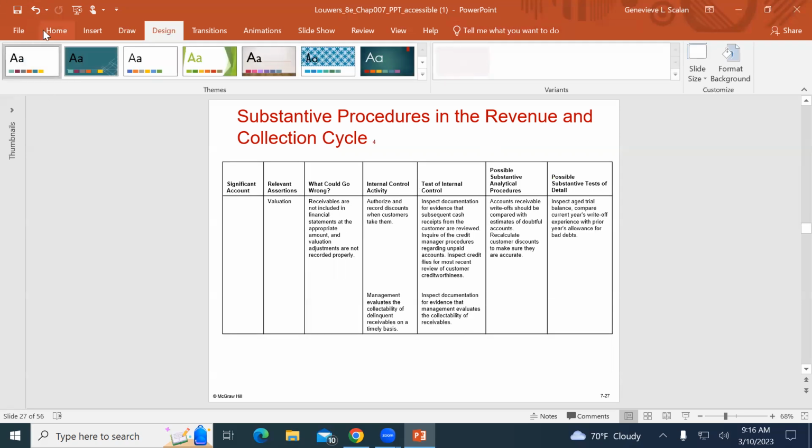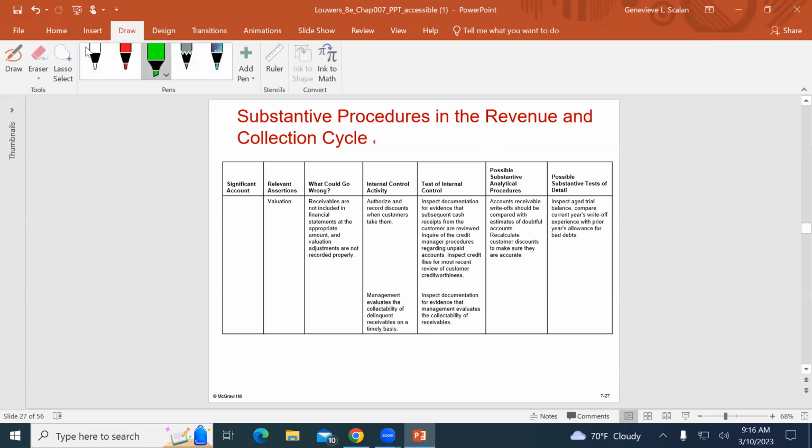Valuation. So the problem with receivables is they don't always get paid, right? So there could be some kind of discounts for cash. There could be an allowance for doubtful accounts.